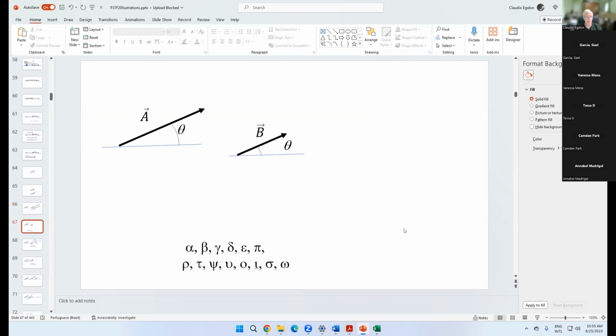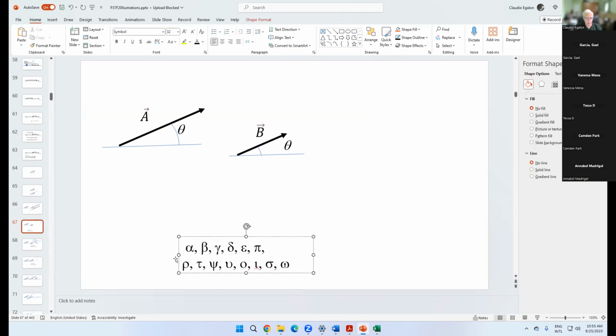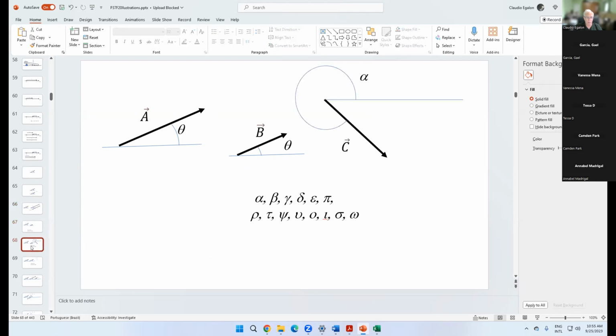Okay. So here you go. Alpha, beta, gamma, we don't have to worry about those. Those two vectors that you see here, although they point in the same direction, they have different magnitudes. Consequently, they are different from each other. That's what I mean here, right?